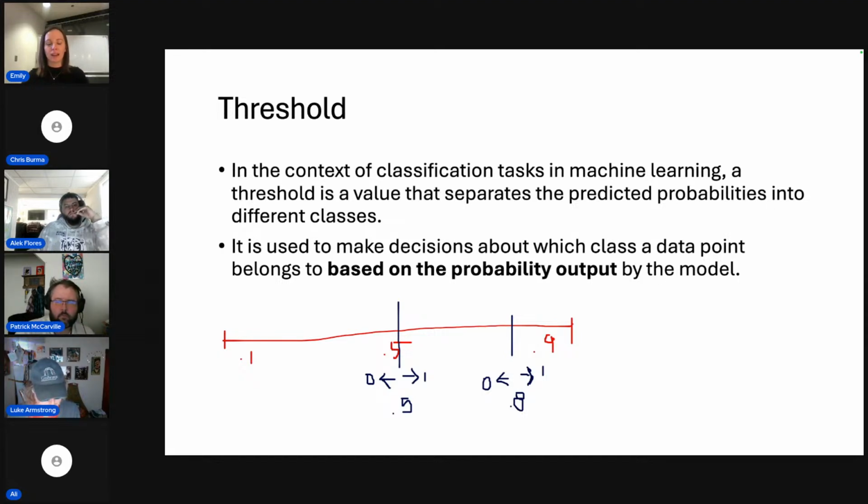However, what's going to happen to the recall? It's going to have a lower positive rate.